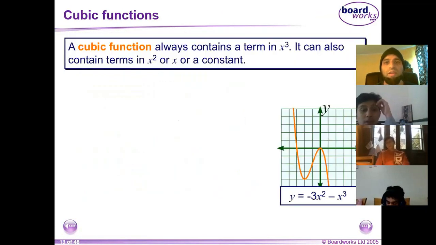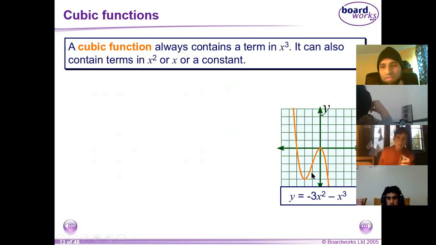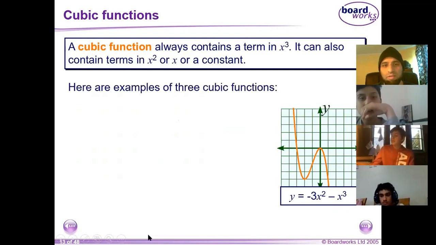Okay. A cubic function always contains the term x cubed. So the x cubed function is known as a cubic function. You can write that down, yeah? X cubed equals cubic. Now the cubic function, like for example this one where my mouse is circling, is cubic. It's got an x cubed in it. It also might have an x squared in it, but we call it a cubic because the x cubed's in there.